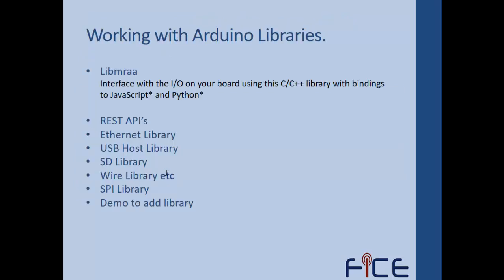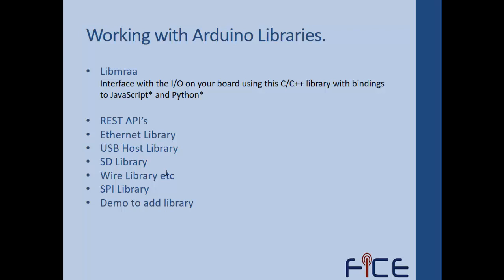Alright, so we can say the libmraa library is used to interface with the input output on your board using this C or C++ library with bindings to JavaScript and Python. Clear? So if you want to work with Python or JavaScript and interface something, and you also want to work with the C or C++ library, it means you need to add libmraa.